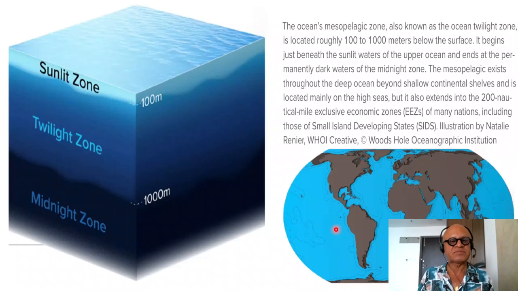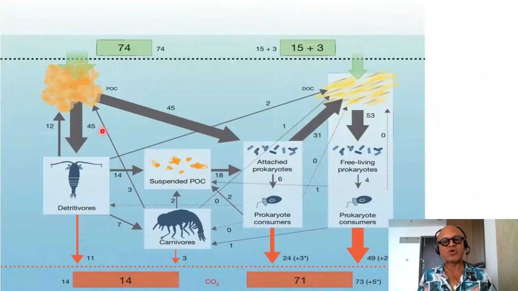And Woods Hole is basically now arguing that we don't know much about the twilight zone, but it is also now argued that it has an important role to play in climate change in terms of the amount of carbon it passes through this zone. So there have been attempts to estimate these things.